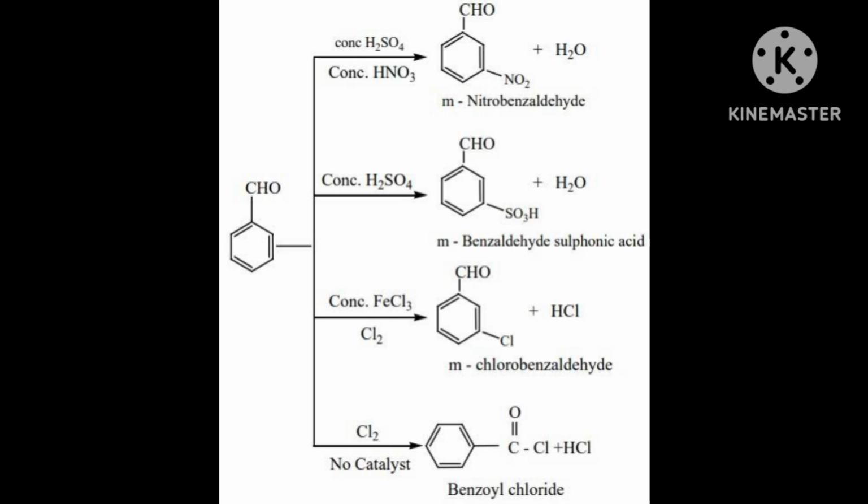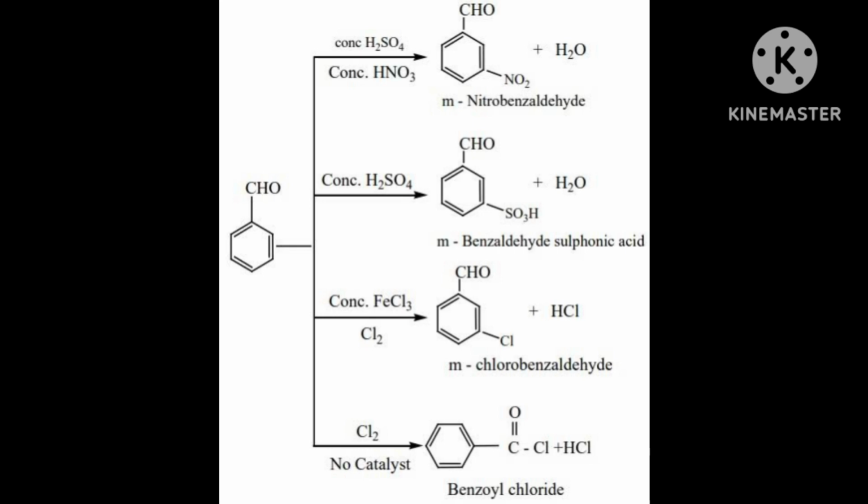This is the mechanism. One carbocation will form in one molecule of formaldehyde, and in the second molecule a carbocation is also forming, but with a negative charge on oxygen. Correct?